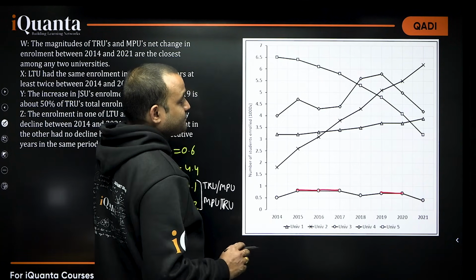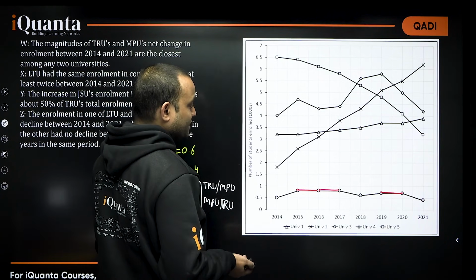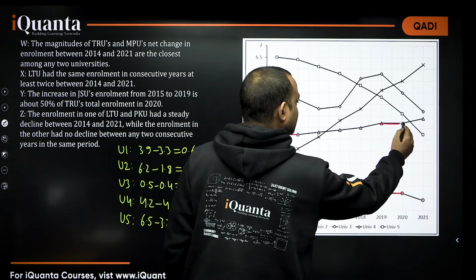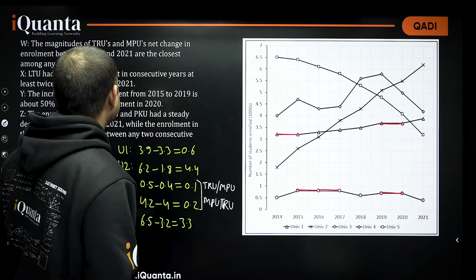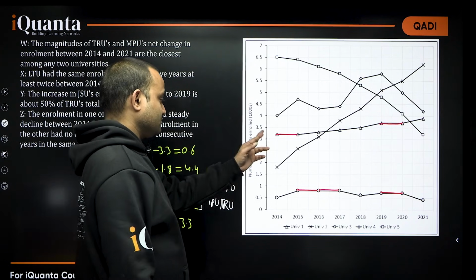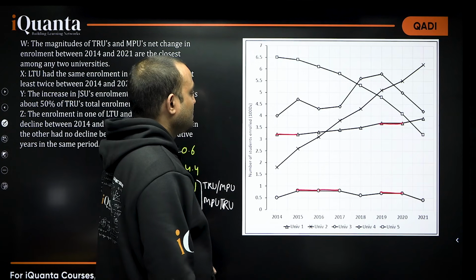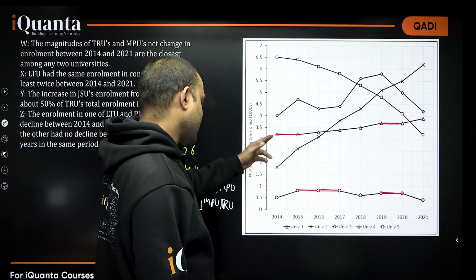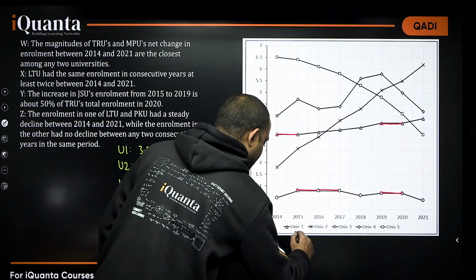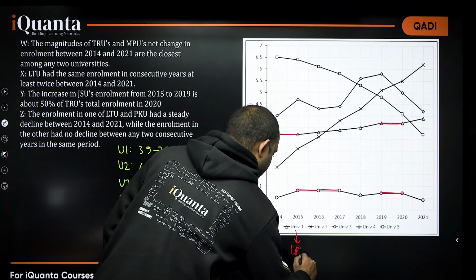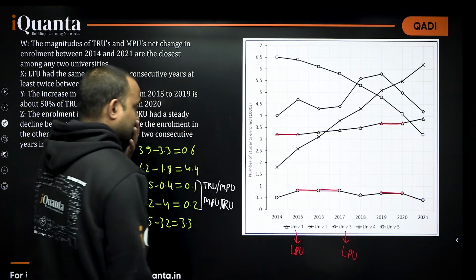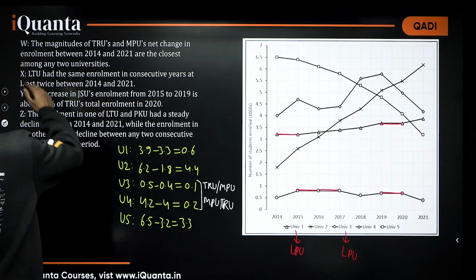Then again, same enrollment in 2 consecutive years here and here as well, at least twice. Here 3 times, here 2 times. So, the triangle is University 1. Either University 1 or University 3 is LTU, the circle or the triangle. This we got from X.